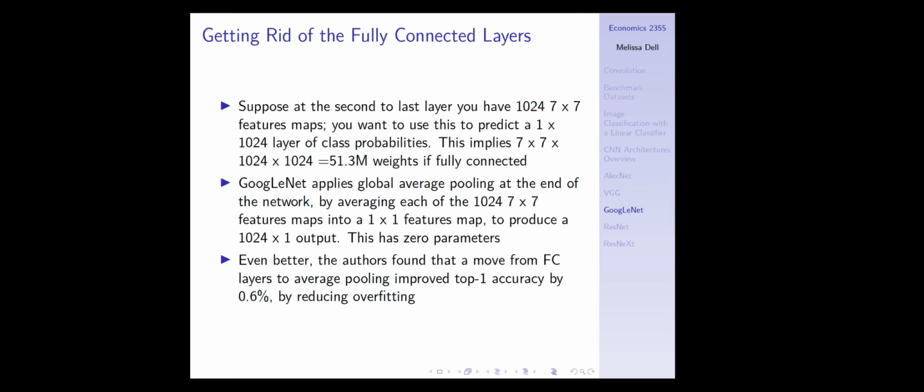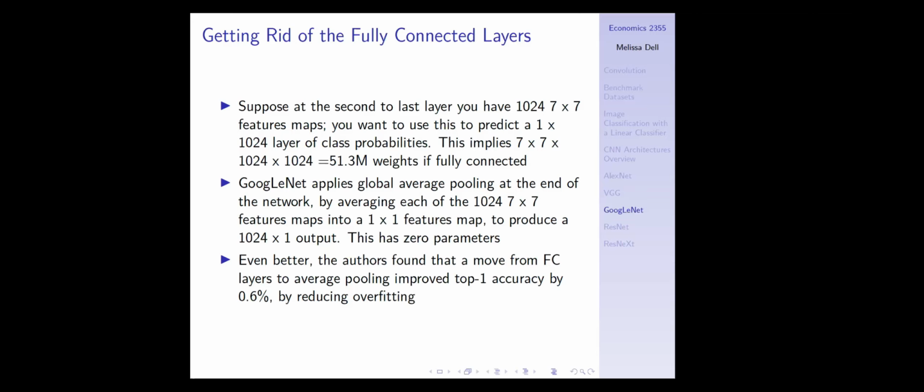And so GoogleNet just gets rid of that. What it does instead is apply what's called global average pooling. In the same example, after you've applied all your conv layers, you have around 1,000 7 by 7 feature maps. It just collapses each of those 1,000 7 by 7 feature maps into a 1-by-1 by averaging.